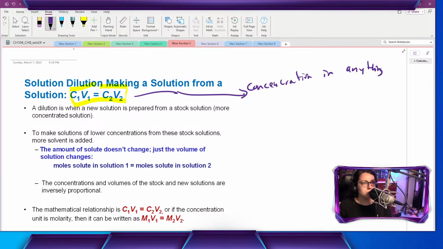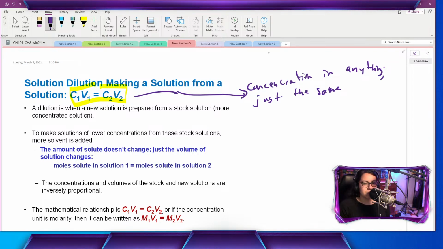We just went over a bunch of units, and you'll probably mainly end up using molarity, but it doesn't matter, because whatever unit your concentration is in, that's the same unit you'll get. You just want to be consistent. So that's the key.